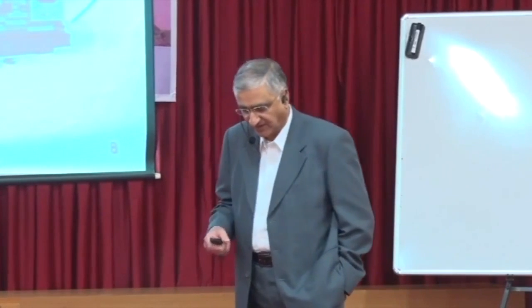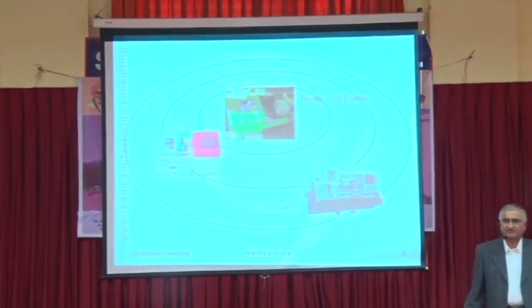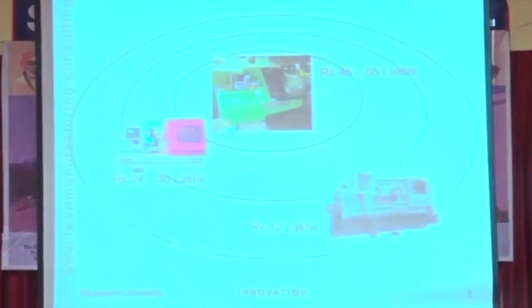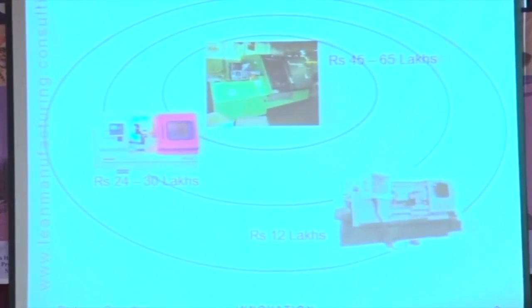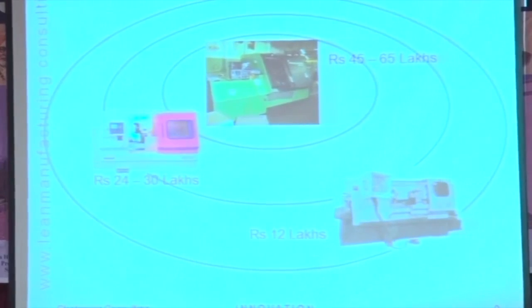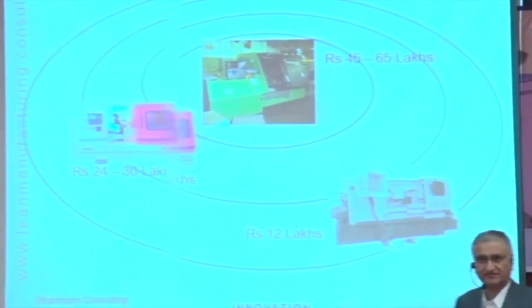To give you an example back home, if you went some decades before, a CNC machine in India would cost anywhere from 45 lakhs to 65, 70 lakhs of rupees, which was a lot of money at that time. The technology was new. Not every industry, not every organization could actually afford this.